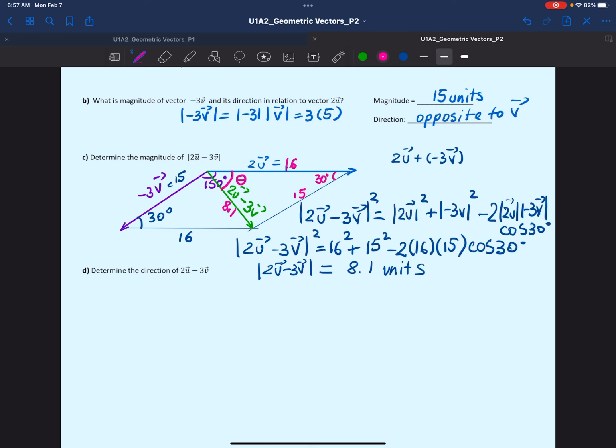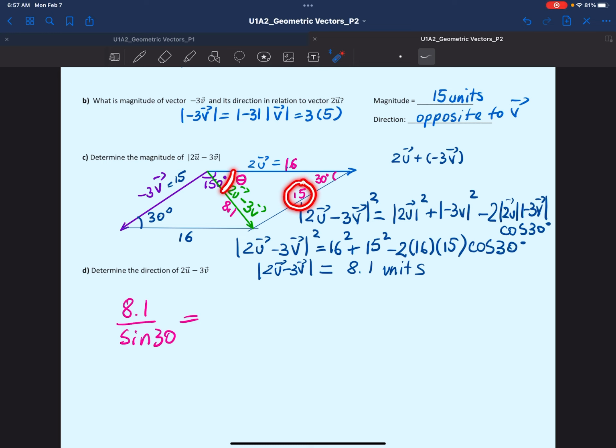That's the angle made between the two vectors, and remember, this is a parallelogram, so the opposite angles are equal to each other. It seems that this calls for the sine law, and we're going to write 8.1 divided by sine of 30 equals, remember, this is what we're trying to find, angle theta, so we have to include it in our equation.